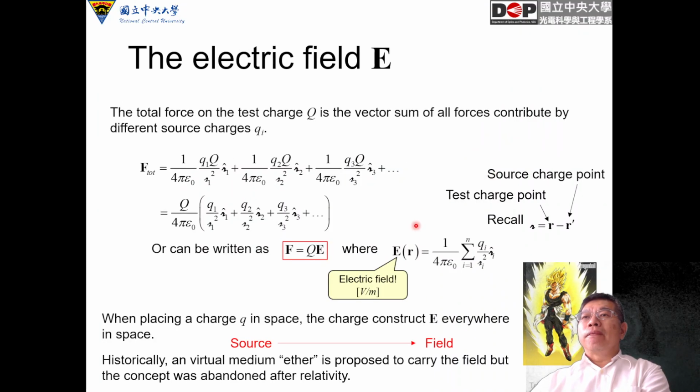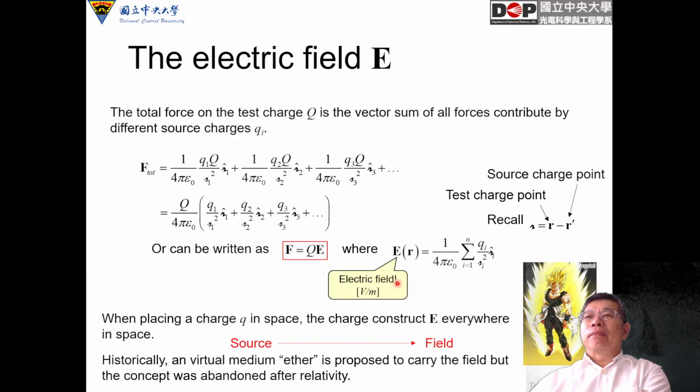The electric field at this observation point can be written like this: a constant times all the charges summed together, which contribute to the test charge or observation point, summed from 1 to the nth charge.